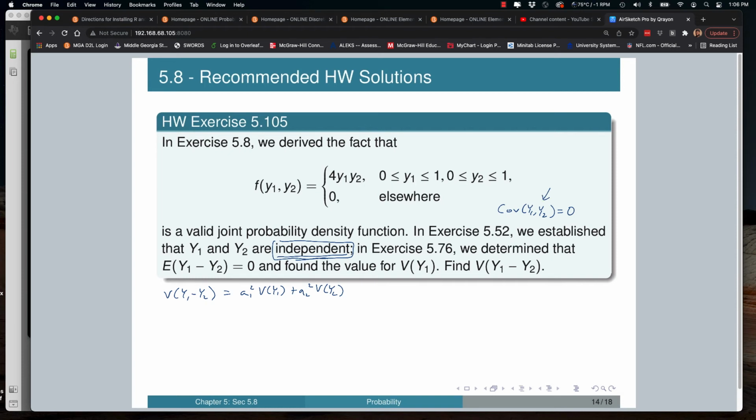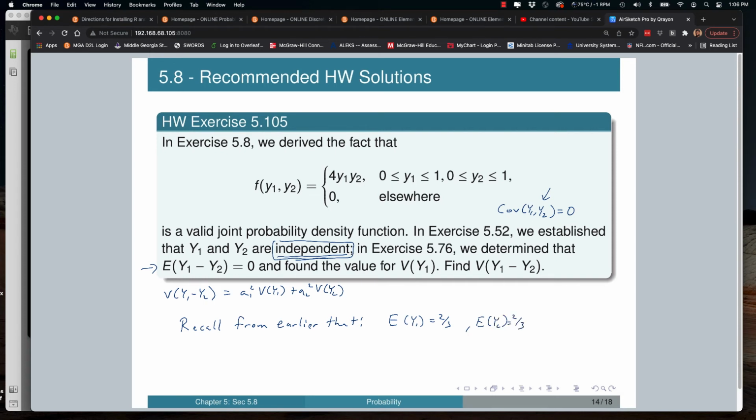Recall from one of the earlier problems, I believe it was 5.52, we had to find the expected values. To be able to find the expected value of y sub 1 minus y sub 2, we had to find the expected values separately. So recall from an earlier problem that the expected value of y sub 1 was equal to 2/3, and the expected value of y sub 2 was equal to 2/3.